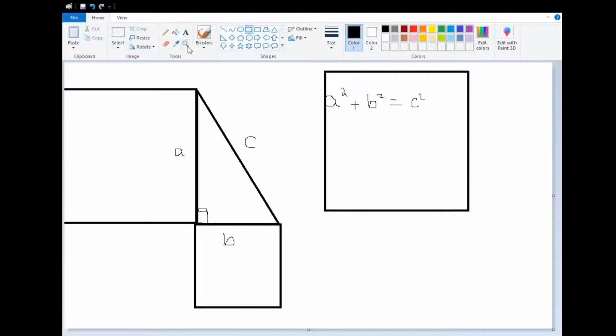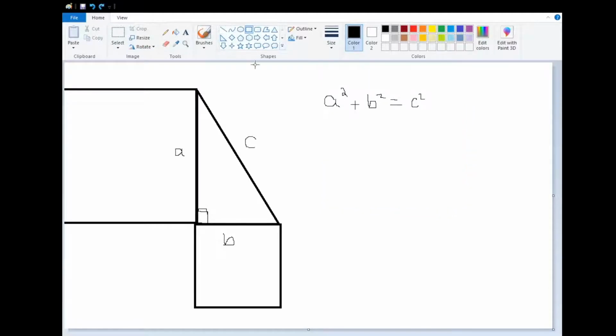And here's c squared. Right? So the area of this square plus the area of this square equals the area of this square.